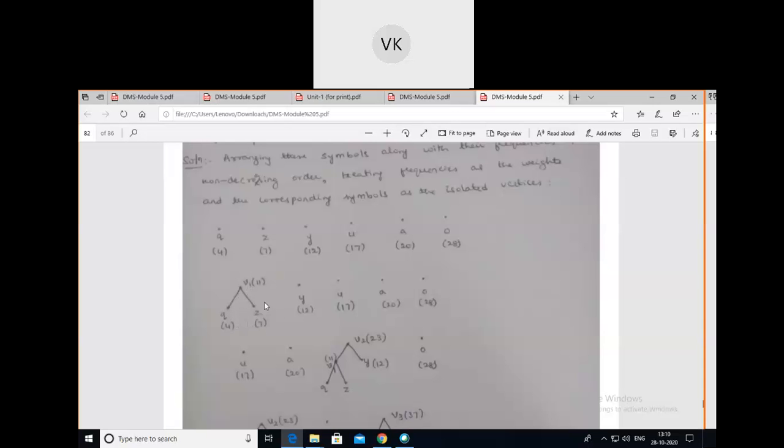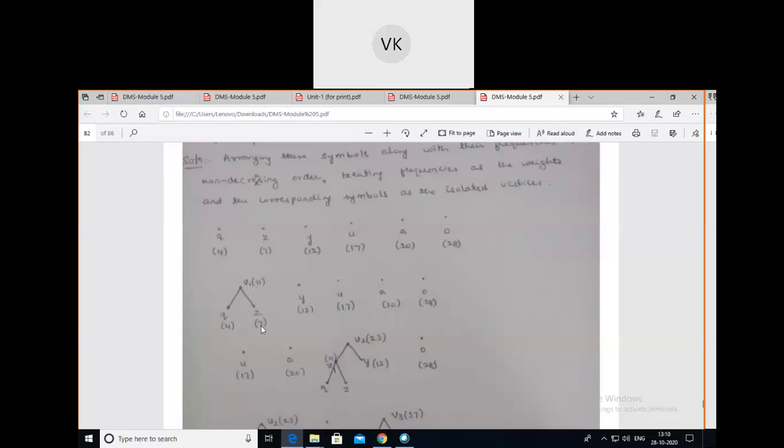Selecting two nodes which are having the least weights among all these weights and obtaining a new node, the new node will be labeled by some symbol. I have labeled it V1 here. After that you put the new node with a new weight.